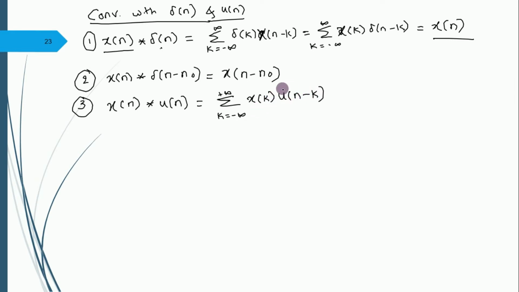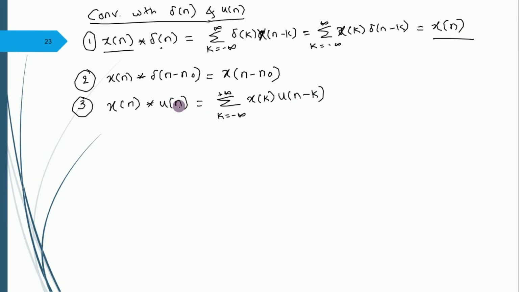So always remember, u of n is 1 only for n greater than or equal to 0. Now similarly, if I ask you to write u of n minus k, it will be 1 only from the starting value of the step. This is a step function. When that step will be taken, we need to identify.